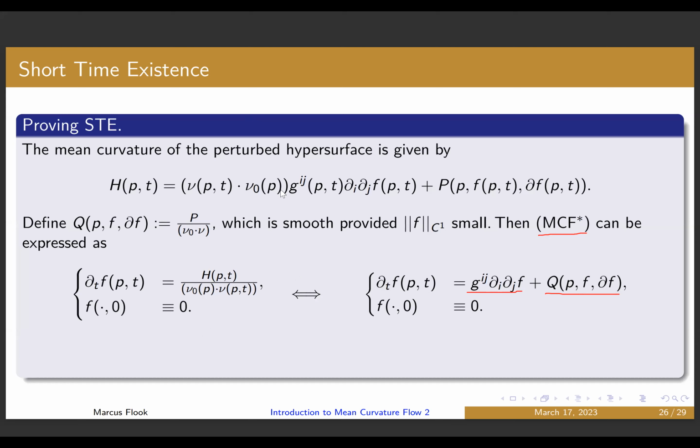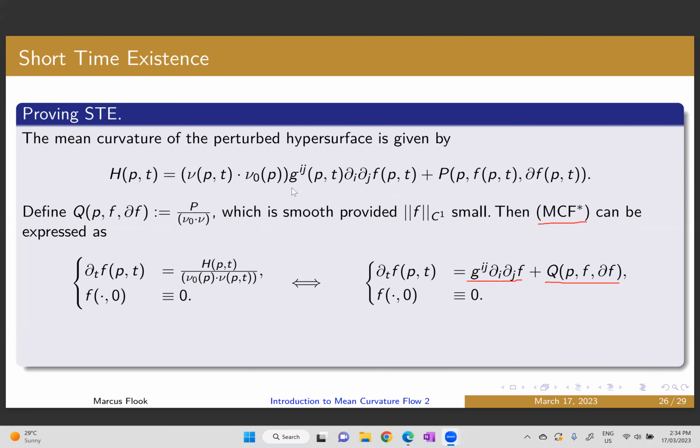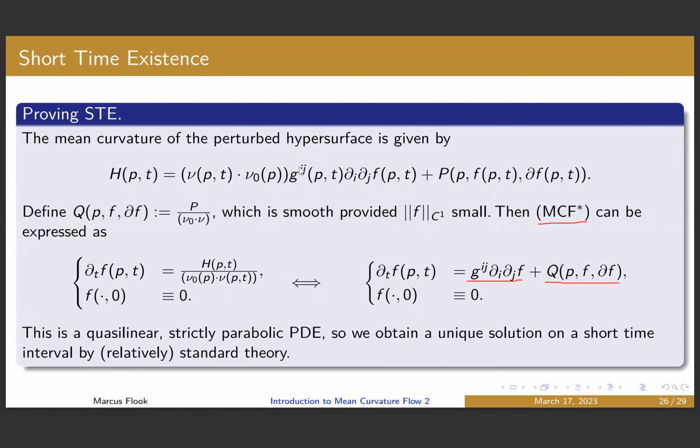So what we've arrived at is a quasi-linear, meaning it's linear in its second order derivatives but could be non-linear in these components here, strictly parabolic PDE, so we can obtain a unique solution on a short time interval by relatively standard theory.